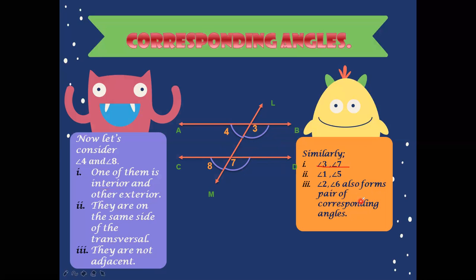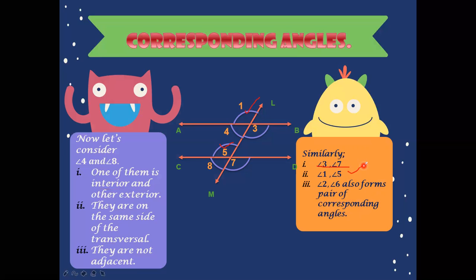Now another pair of corresponding angles is angle 1 and angle 5. As you can see, angle 1 is exterior and angle 5 is interior, and both of them lie on the same side of the transversal. So angle 1 and angle 5 are also corresponding angles.